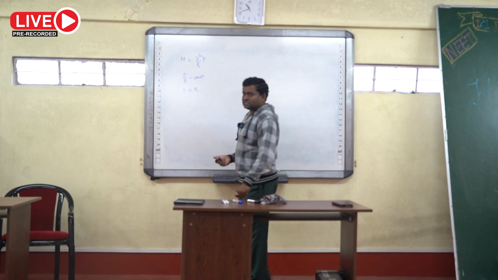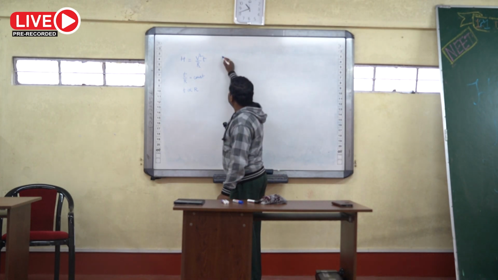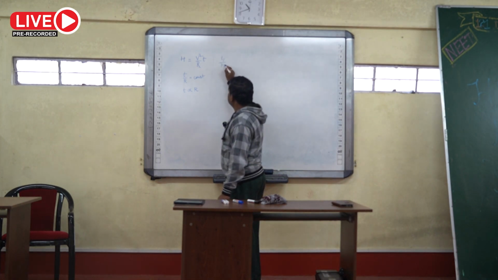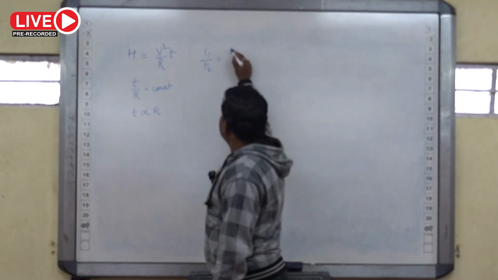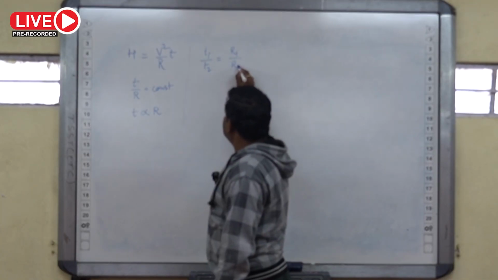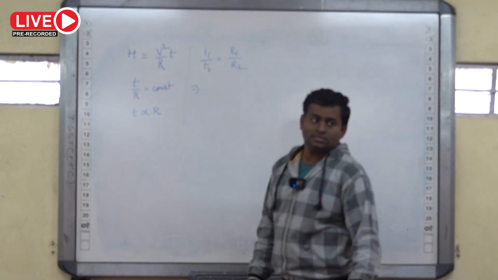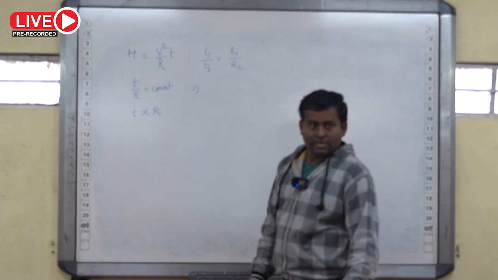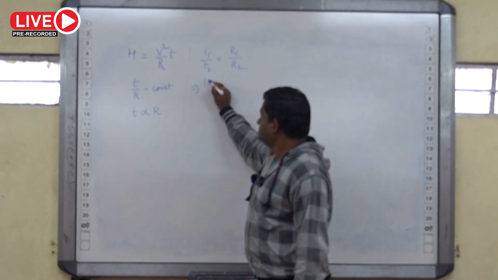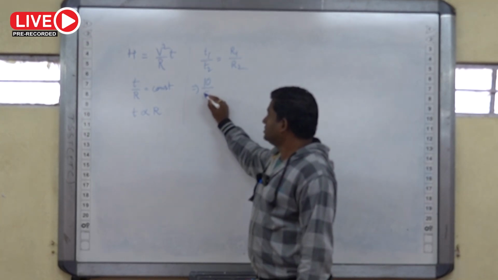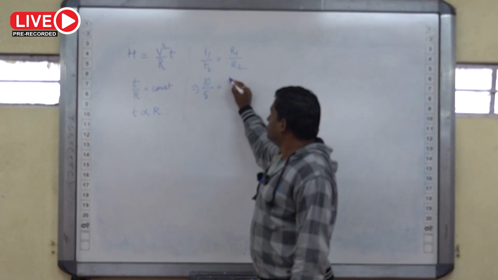So in first case, if I write T1 by T2, then it will be equal to R1 by R2. T1 is given 10 minutes, T2 is 5 minutes.